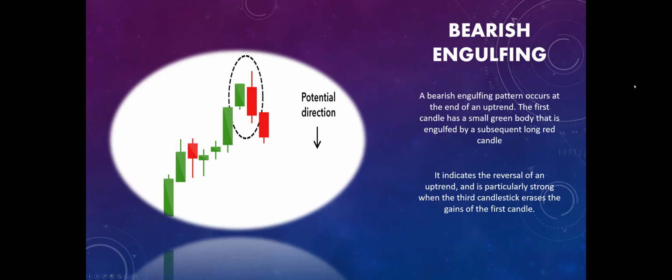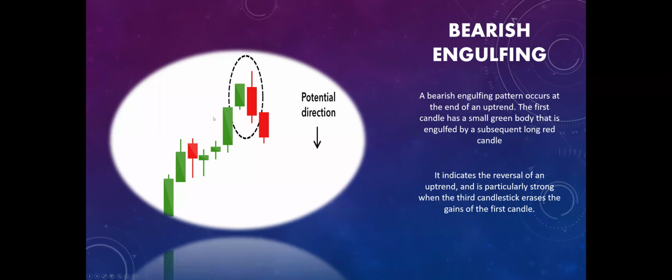All right, and the last one is going to be the bearish engulfing. We took the bullish engulfing, where we see a downtrend, then a huge green candle engulfed all the red candle. This one is the opposite.